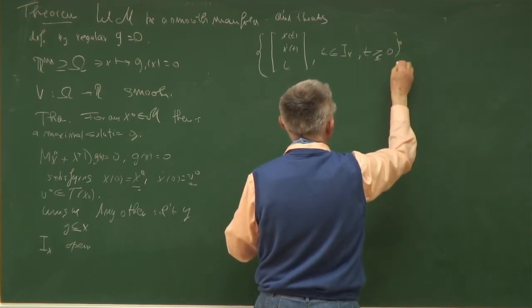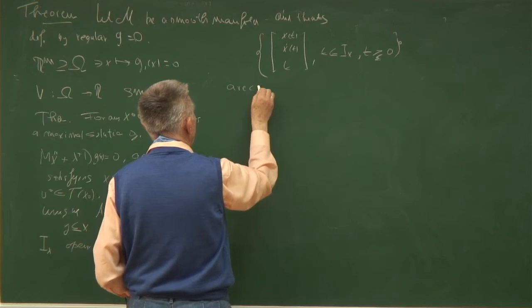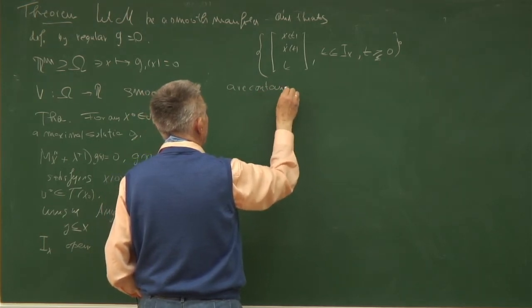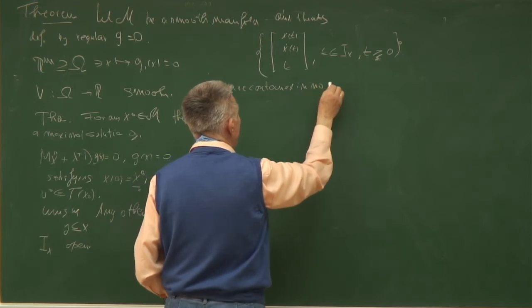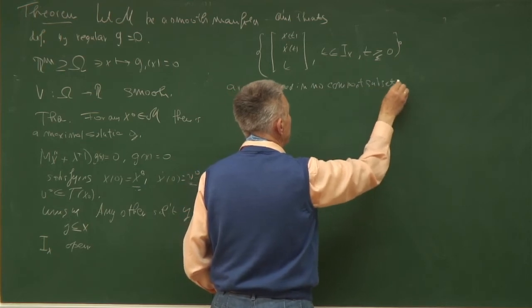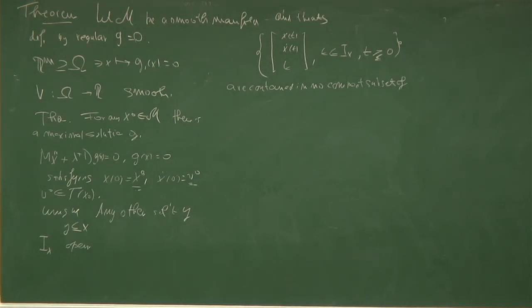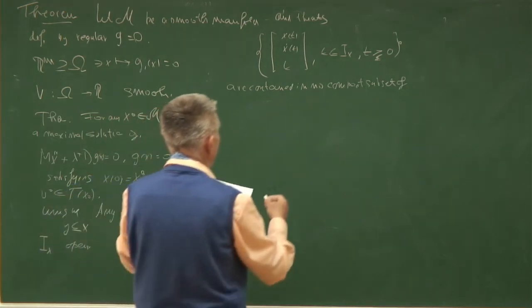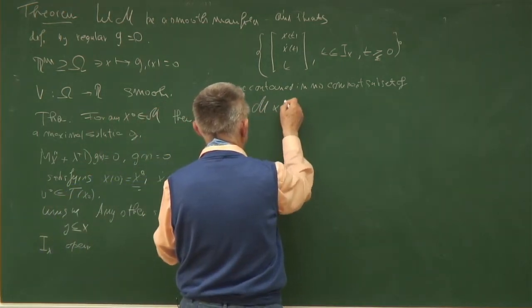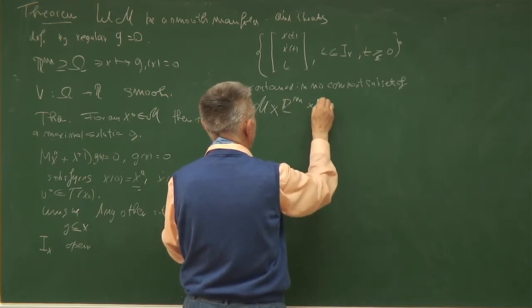These are two sets. Are contained in no compact subset of what? Well, of the big space in which everything is moving, and that is m times r, m times r.